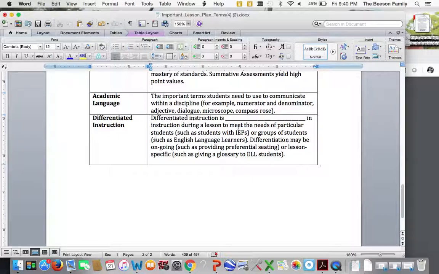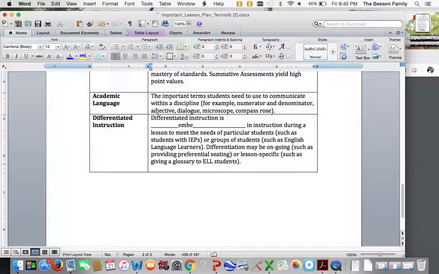So differentiated instruction is embedded in instruction during a lesson to meet the needs of particular students. For example, I might have a support built in that addresses a particular student with an IEP, or I might have a support that's built in that addresses a group of students, like all of my English language learners.